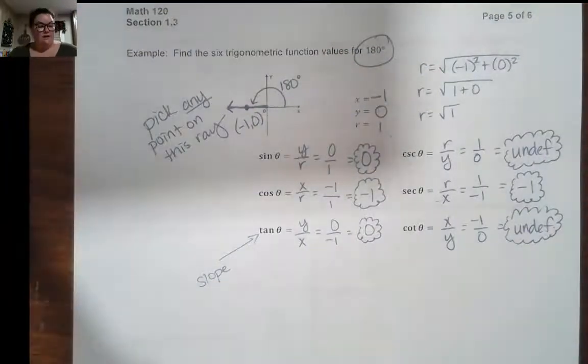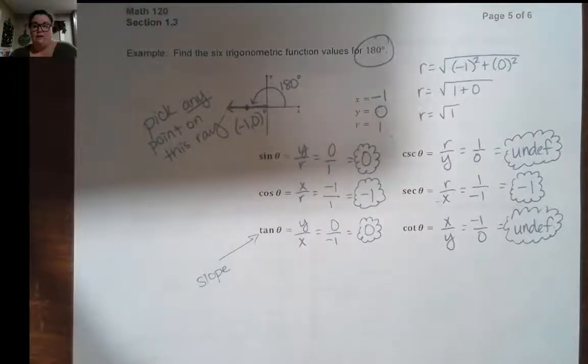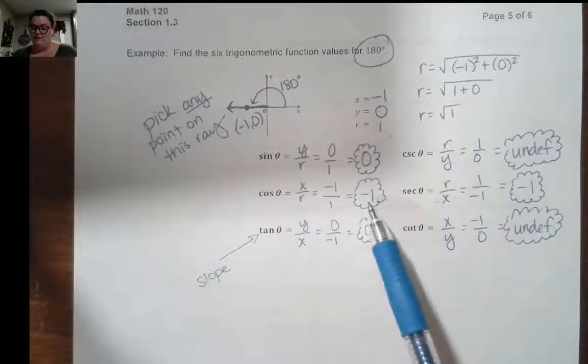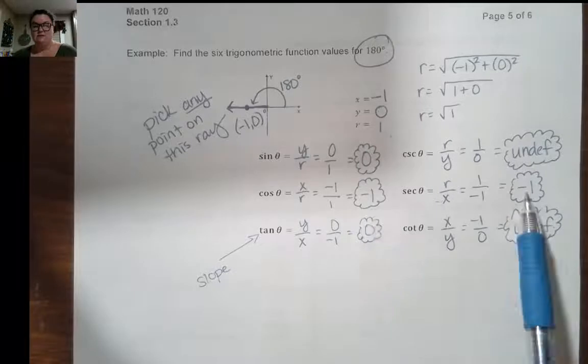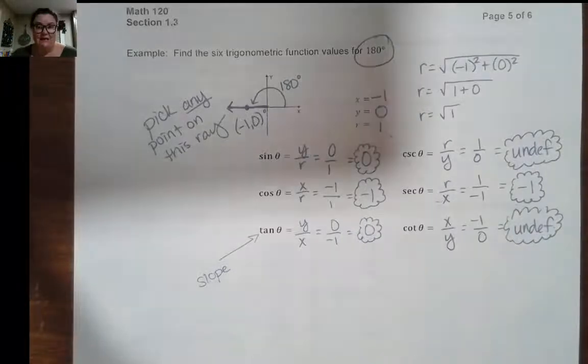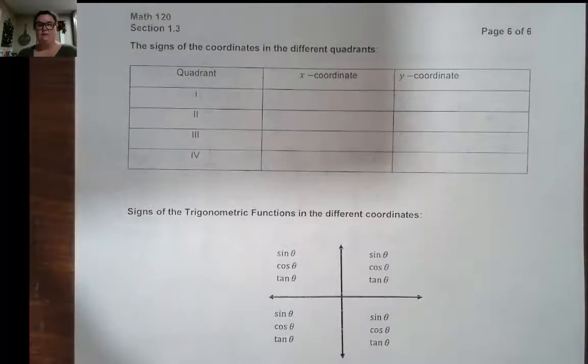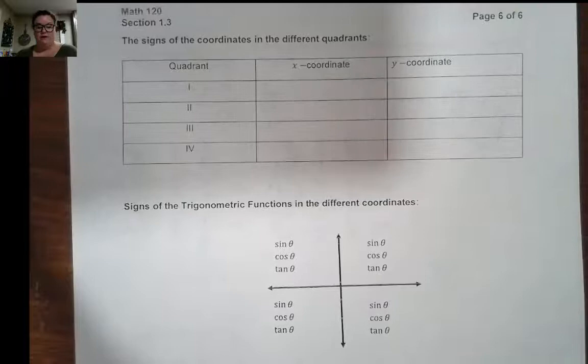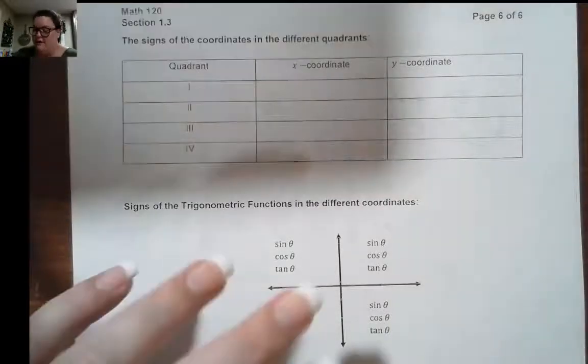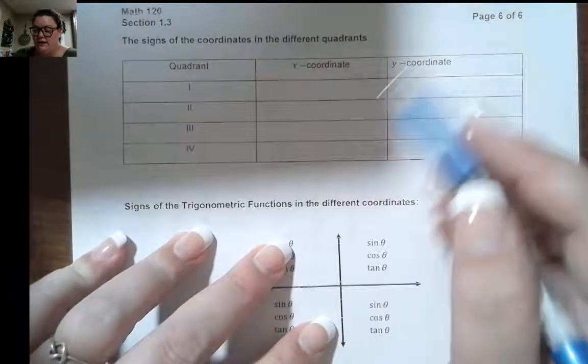The last thing I want to point out is that we can actually determine the signs. Notice these both came out to negatives. We can determine the sign of our trig function values based on the quadrant that it falls in. So we're just going to refresh here. Notice I have the x coordinate and the y coordinate.